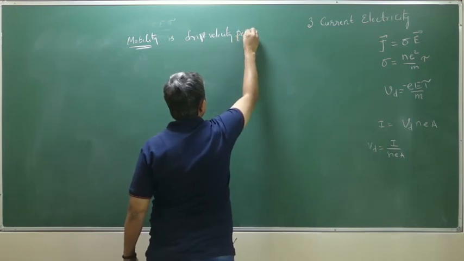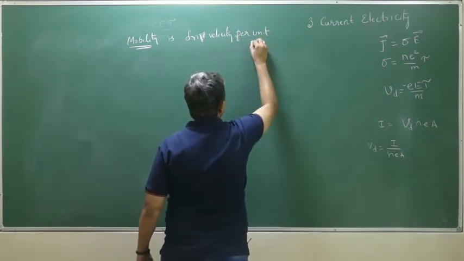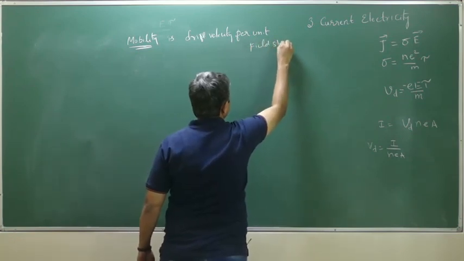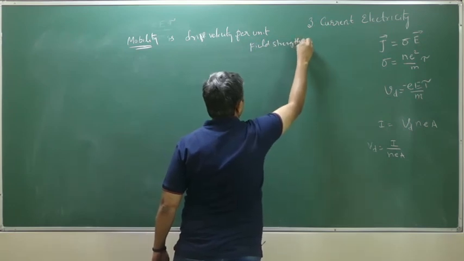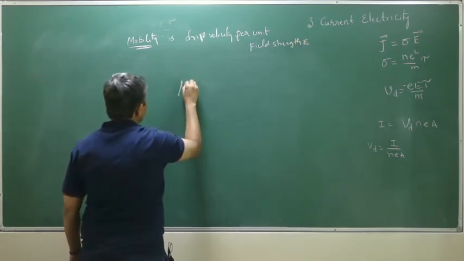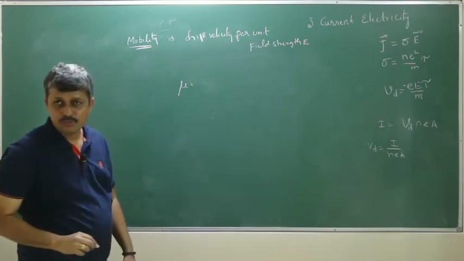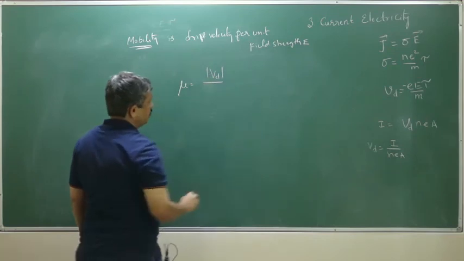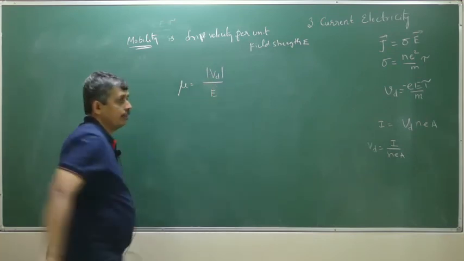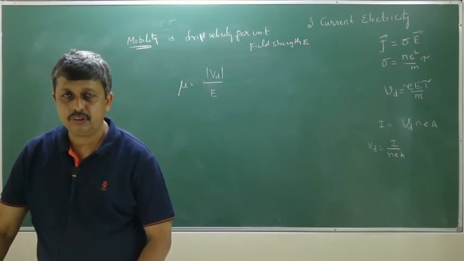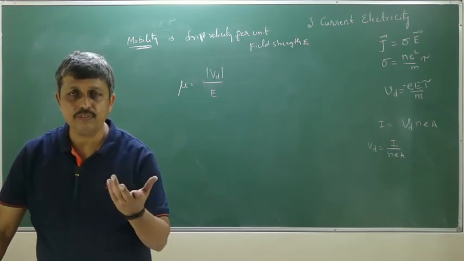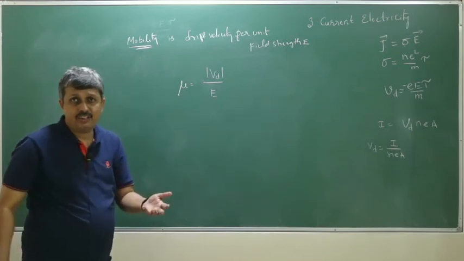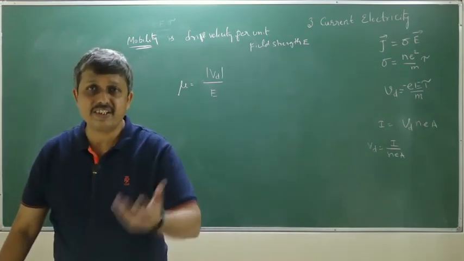Mobility is given by the symbol mu, which is the magnitude of Vd divided by E. So for unit E, how much it drifts, that is the nature of the carrier that moves.